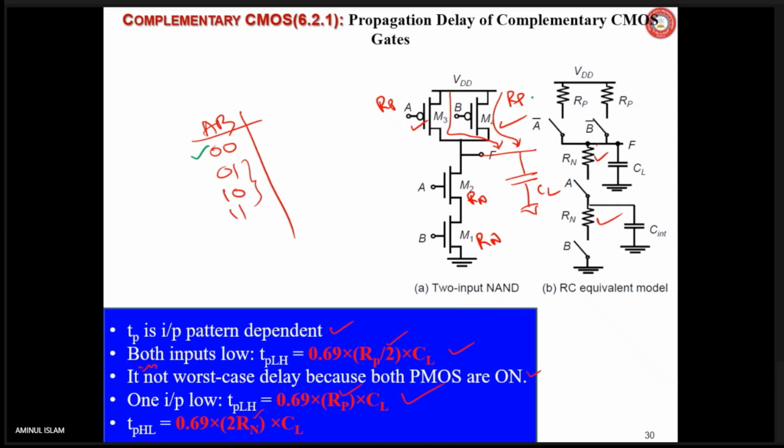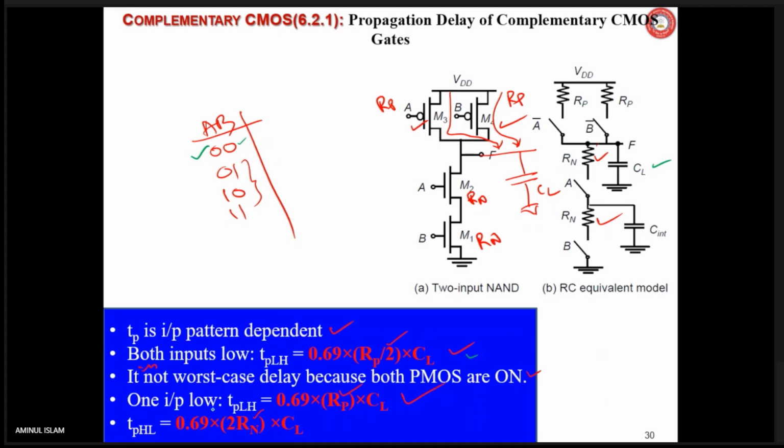Rp of M3 and M4 are in parallel, so the effective resistance will be Rp by 2. Do you agree with this? Yes, sir. And CL is always there at the output node. So this is the case. It is not the worst case TPLH, remember, because both PMOS MOSFETs are on in this case. Both inputs are 0.